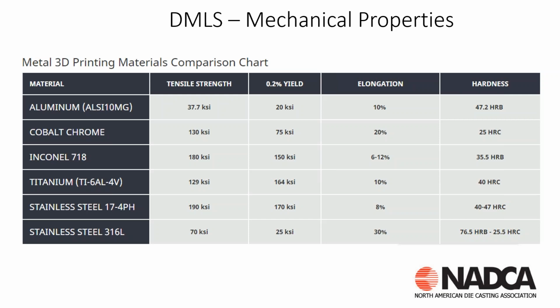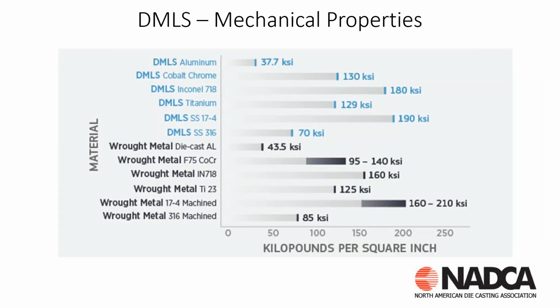And then we've got cobalt chrome, Inconel, titanium, stainless. So we have several different types of materials with tensile, yield and elongation. And when we look at the DMLS or the printing of aluminum or these other alloys, and we compare it to the wrought or the die casting, we can see very similar properties, 37 KSI to 43 KSI for tensile.